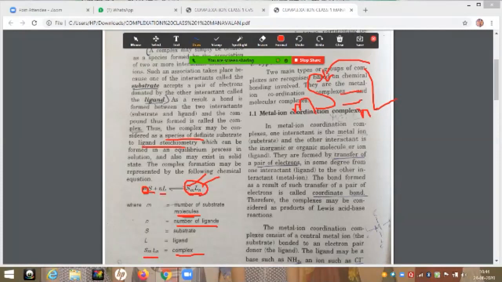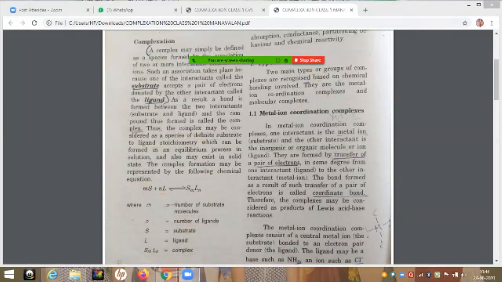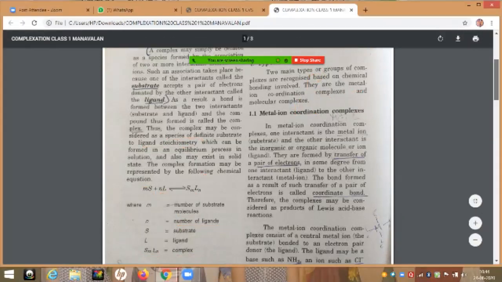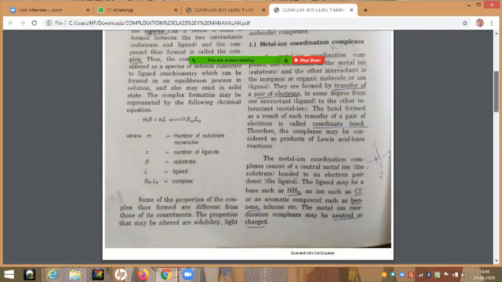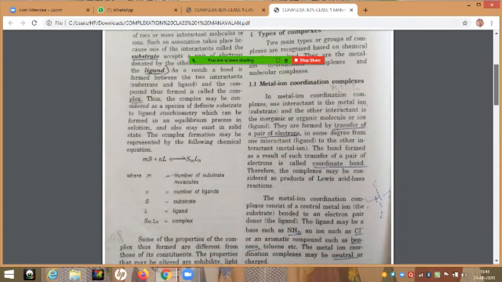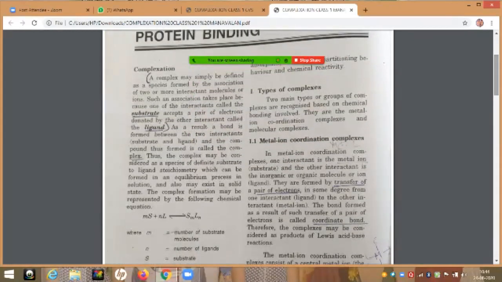This leads to the formation of the complex. Is this clear? So this is nothing but the basic definition of complex. If you understand this definition, then throughout the chapter it will be very easy for you to understand the rest of the explanation.